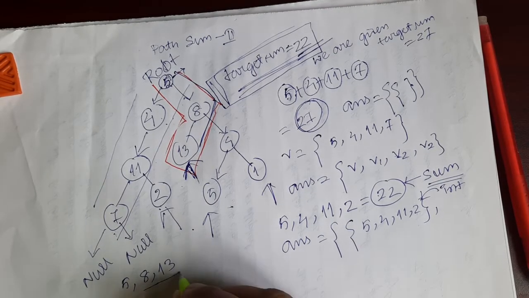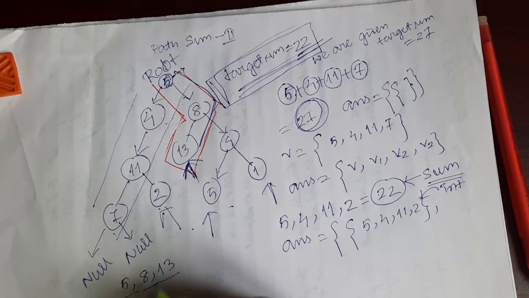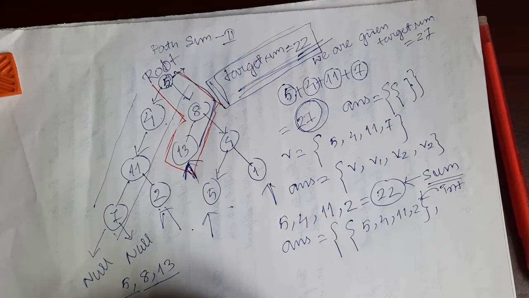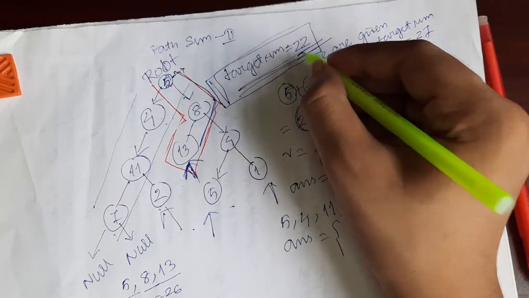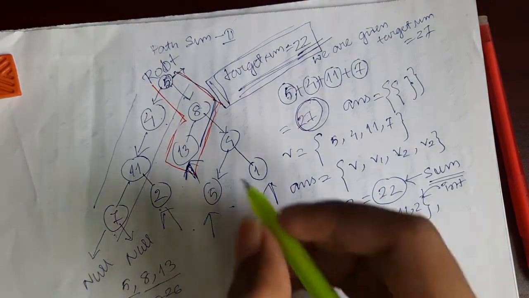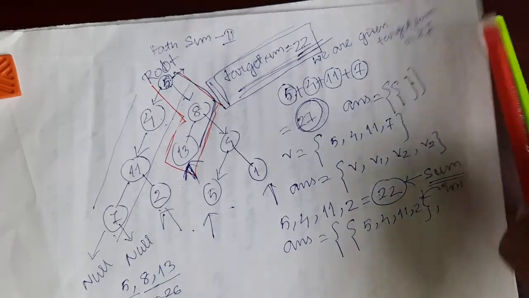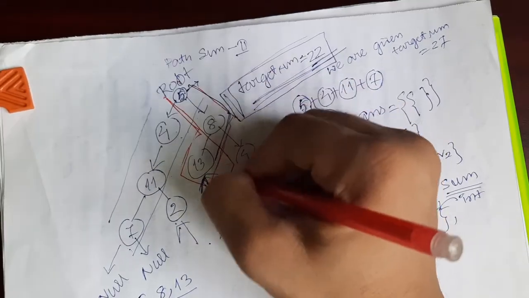So 13, 8, 21 and 26. So the sum is 26, which is not equal to our target sum. So we will not add this to our answer. So let's check for now this node 5, 8, 4, 5. Let's check for this one.